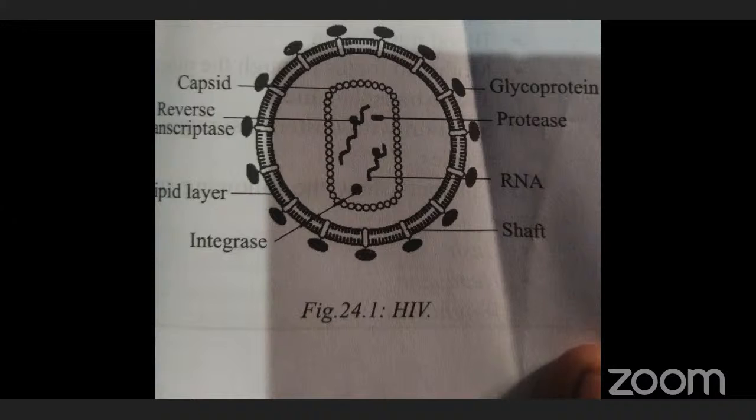Clear? That's why our immune system cannot identify that material as foreign. Only when something is detected as foreign can it be destroyed. When that RNA enters our body, the genetic material acts as our own material, and our own materials are not destroyed by our immune system. In this way, the RNA virus HIV escapes from our immune system.